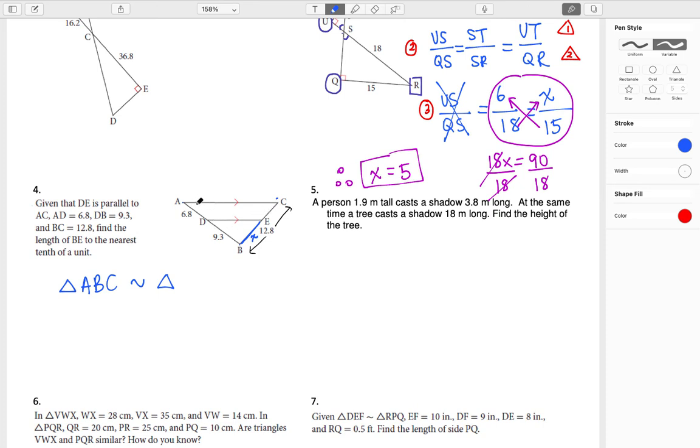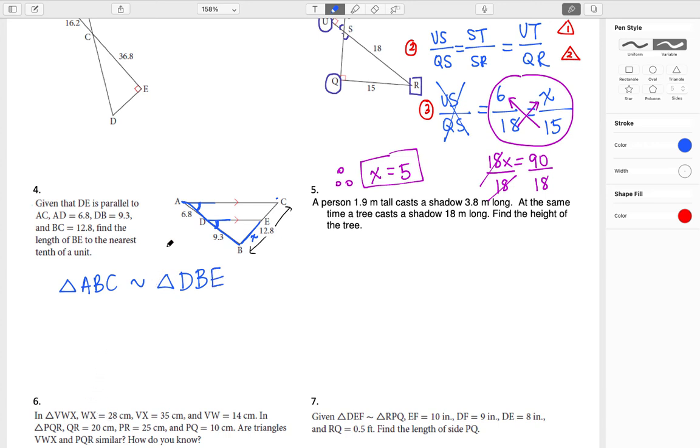Because they're parallel. So we're using sort of like an F pattern. I don't know if you remember the corresponding F pattern. So angle A is the same as angle D. So I'm going to write D first. A is corresponding to D. Angle B is the same. They are both sharing the same angle B. And then angle C must be the same as angle E. So for the C, I'm writing E.